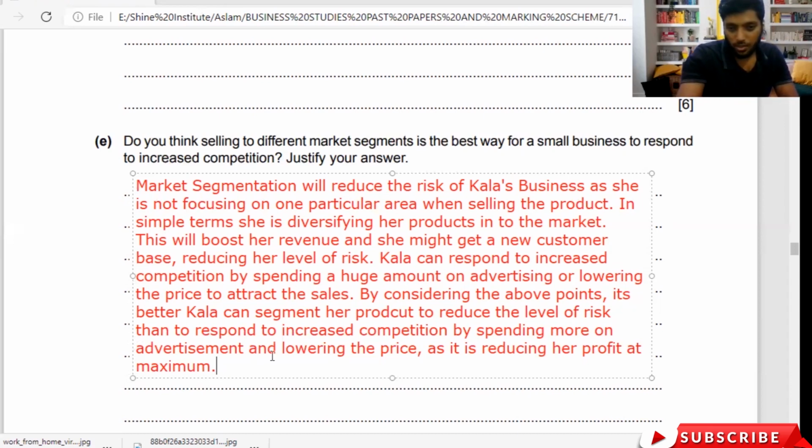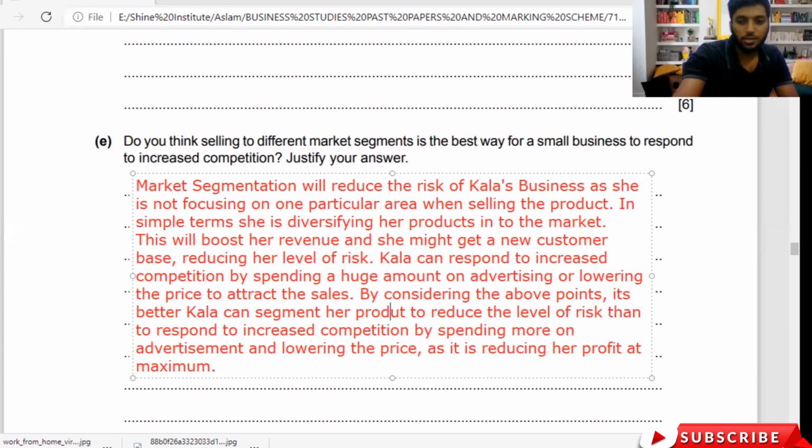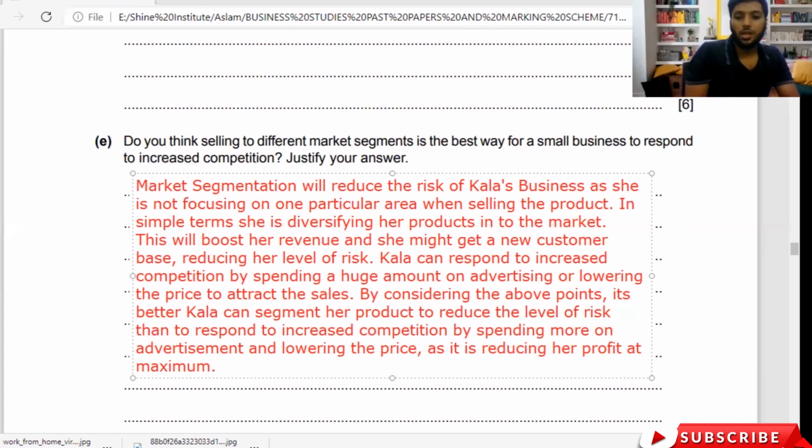I have written it wrong here, guys. It should be: segment her product to reduce the level of risk rather than respond to increased competition by spending more on advertisement and lowering the price, as it is reducing her profit at maximum. So her profit will go down if she responds to the competition. It's better if she can focus on certain segments and reduce her risk. I hope you understood in this video how Carla was able to tackle her problems.